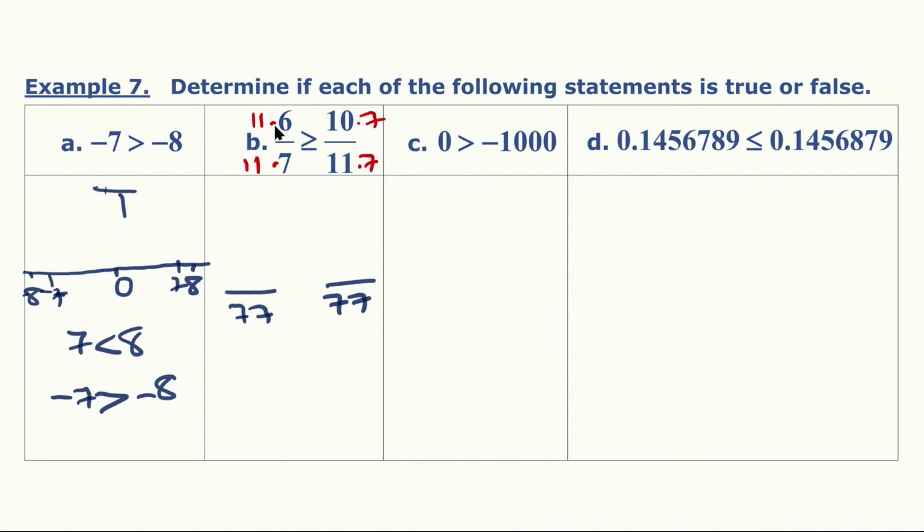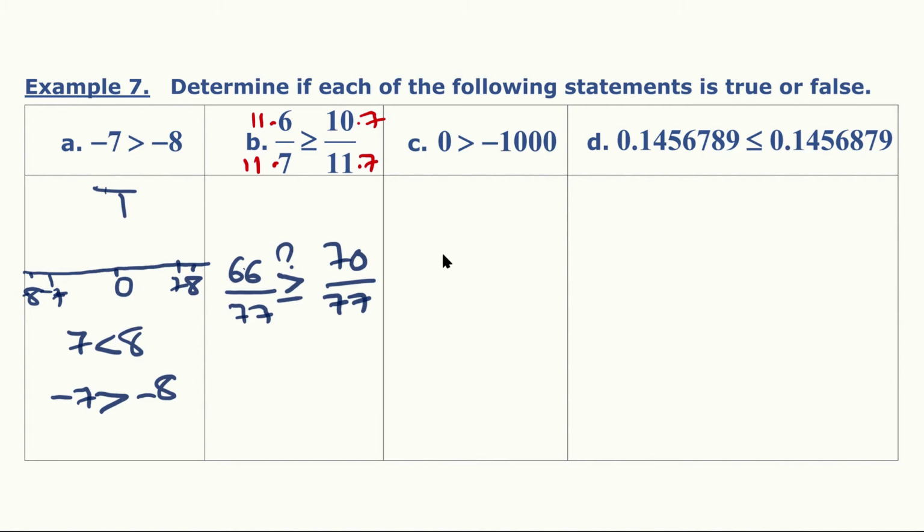We have 6 times 11, which is 66. Now remember, this fraction and this fraction are exactly the same as far as value is concerned. They look different, but their fundamental nature is the same. And we want to know if that's greater than or equal to, now this is going to be what? 7 times 10, that's 70.